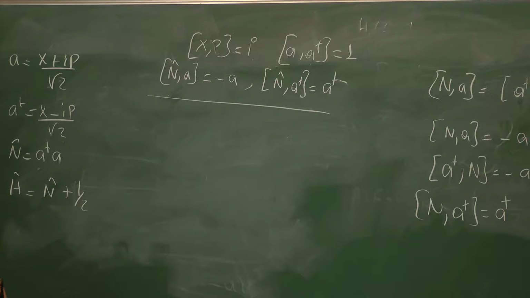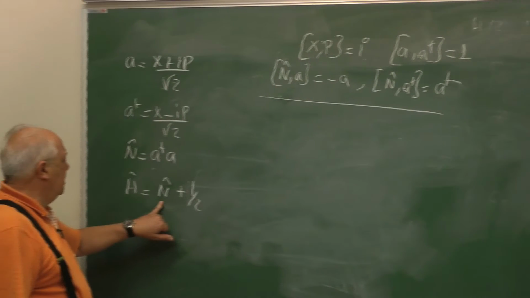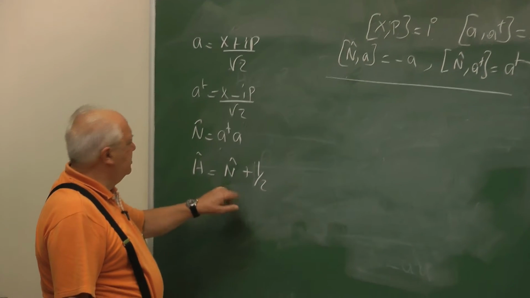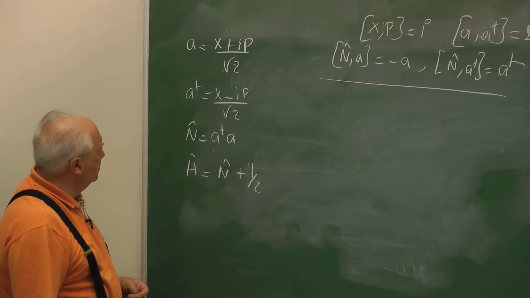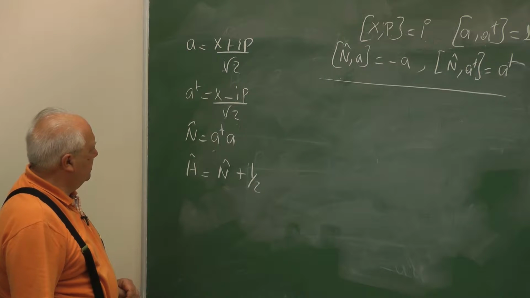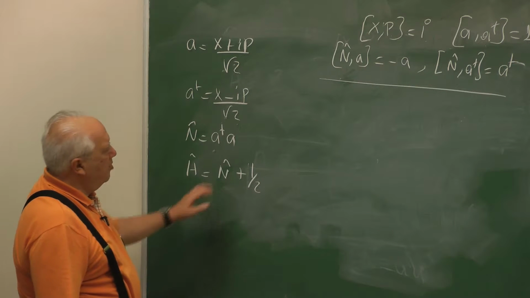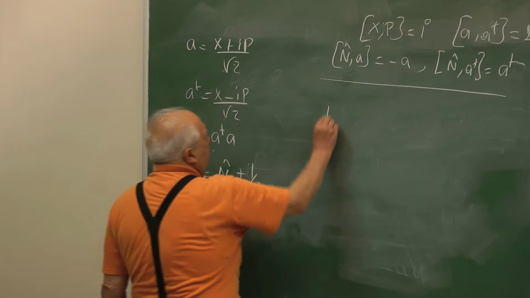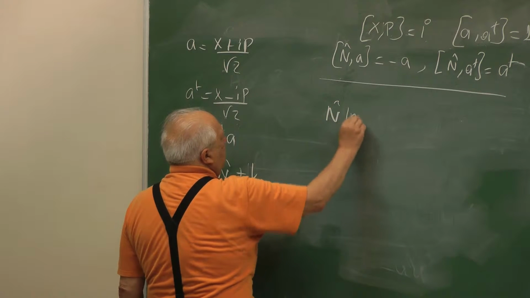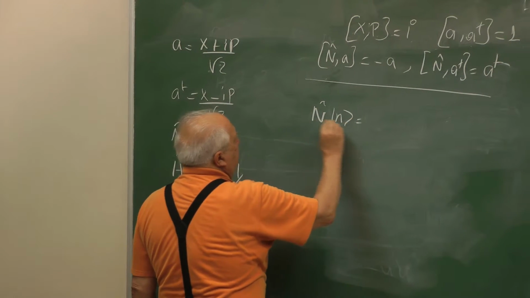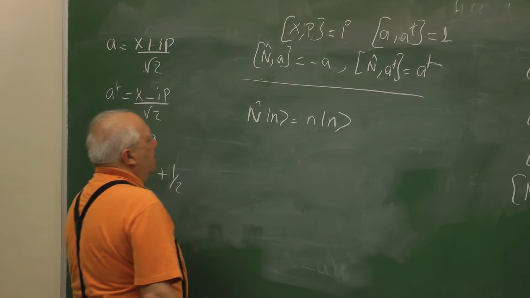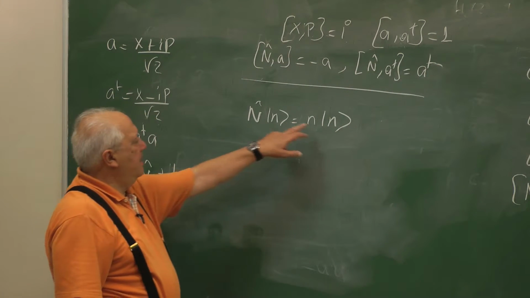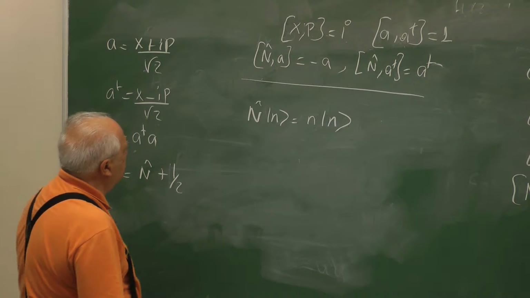Now, let us discuss the eigenstates of this operator. By the way, it's called the number operator, for reasons that will become clear soon. And let us suppose n is a Hermitian operator. |n⟩ is an eigenvector of n with eigenvalue n, and we assume the |n⟩ are properly normalized.